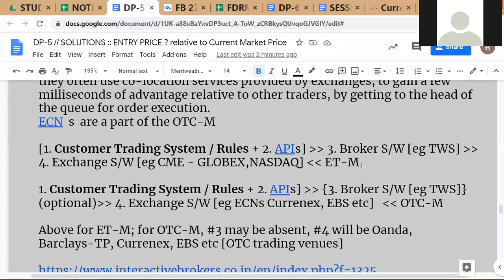Now all these orders are going to go and sit in the NASDAQ order book. Vipul's order to sell at 290, Sachin's order to buy at 270. If you look at the full NASDAQ order book, you can see all these.